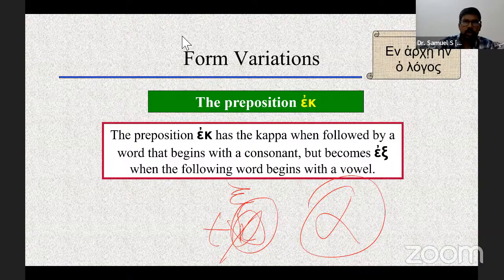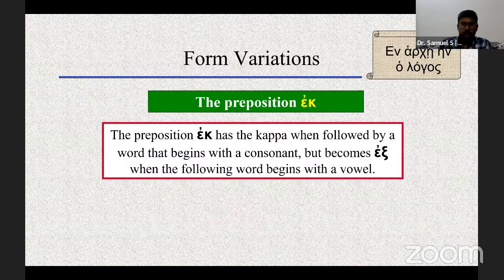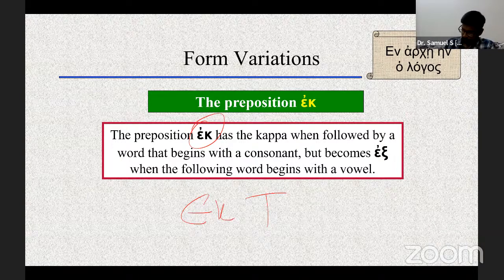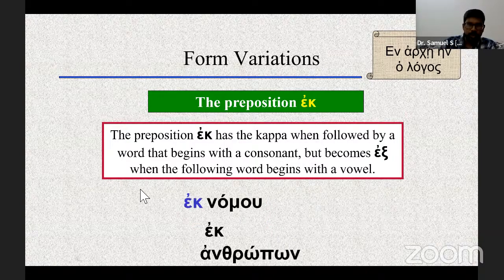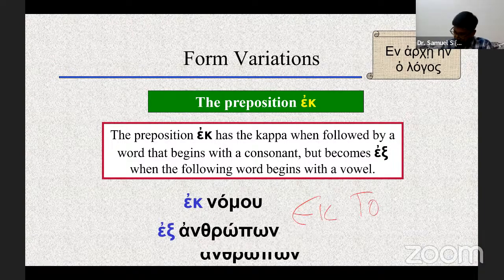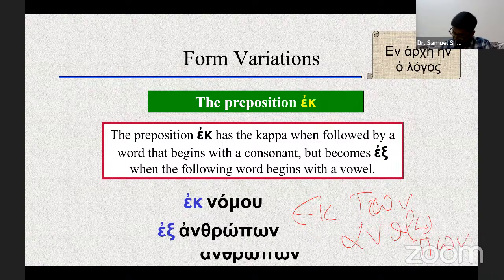Question is, why is there no article? There could be an article, but if it is an article, then it will always be ek. Why? Because tau is a consonant, right? There could be an article. So that's an interesting thing. So had this been ek tou, ek tou phonou, it will still be ek.